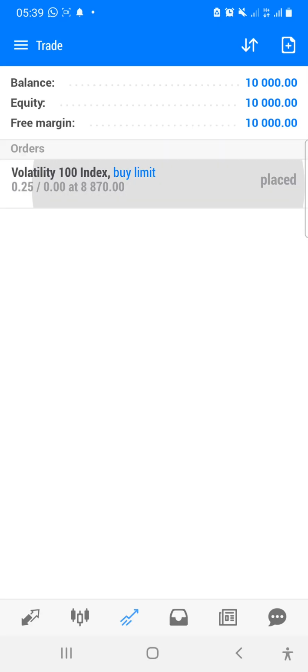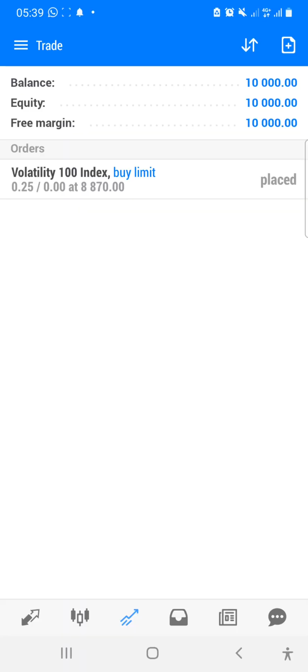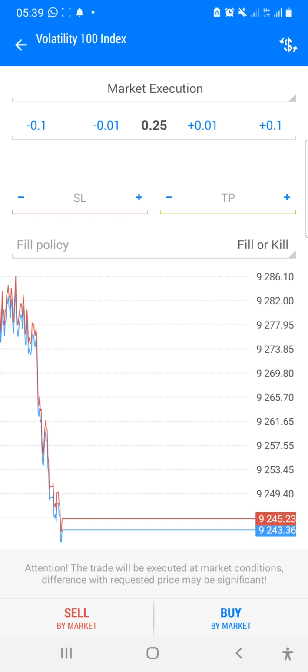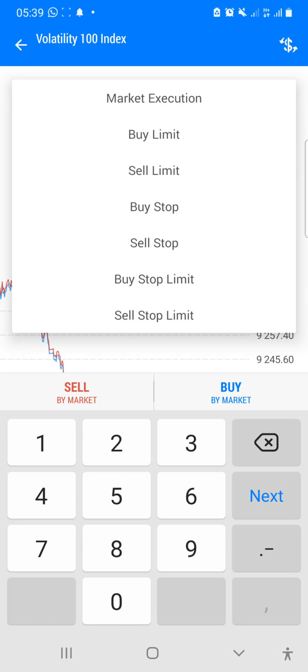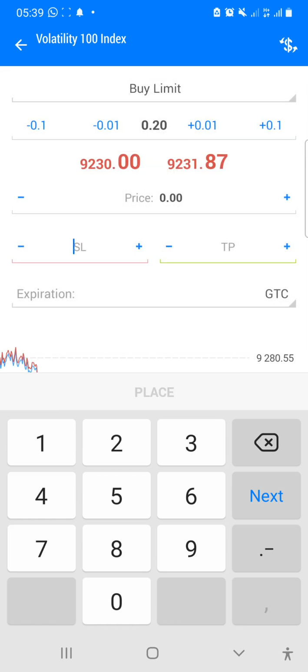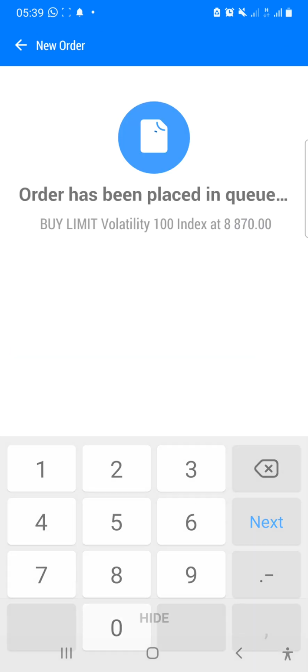Sorry, I wanted to use the least lot size. So buy limit 8,870, 8,657, TP 11,054.